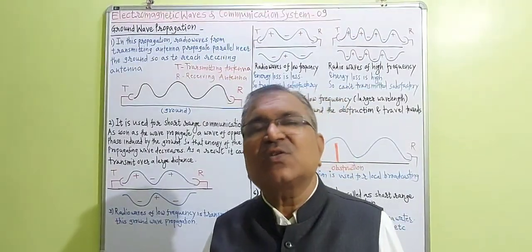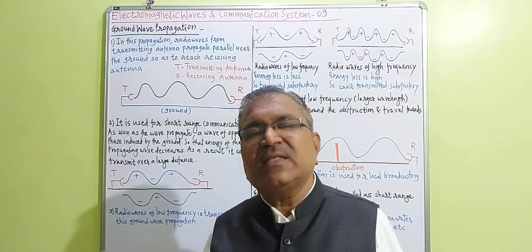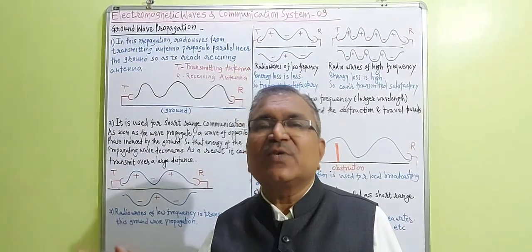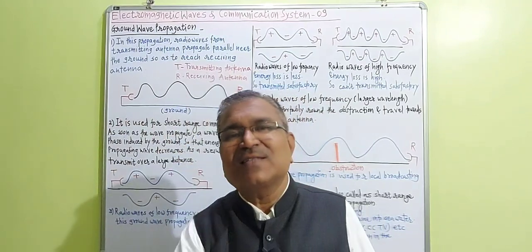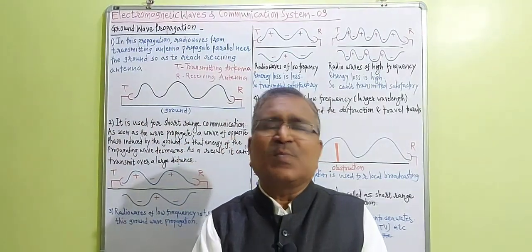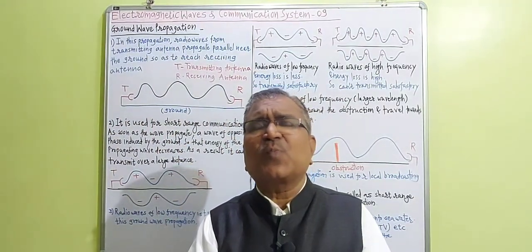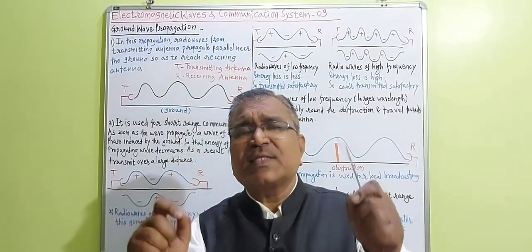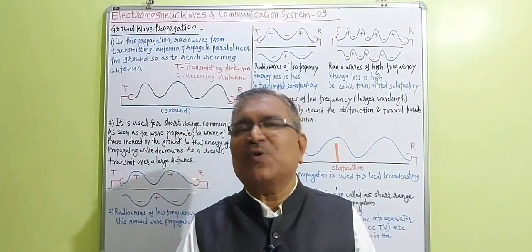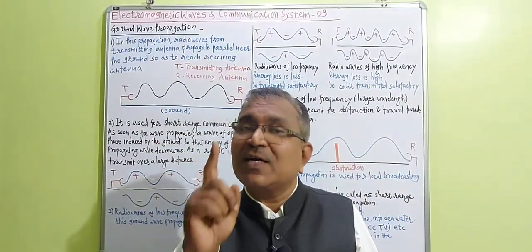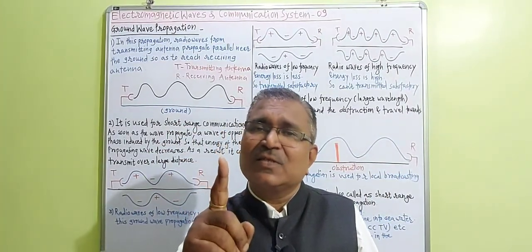Since there is a loss of energy, such a wave cannot propagate over a longer distance. This is called ground wave propagation. But it is the most important, most useful, most convenient propagation for local broadcasting, dear student.